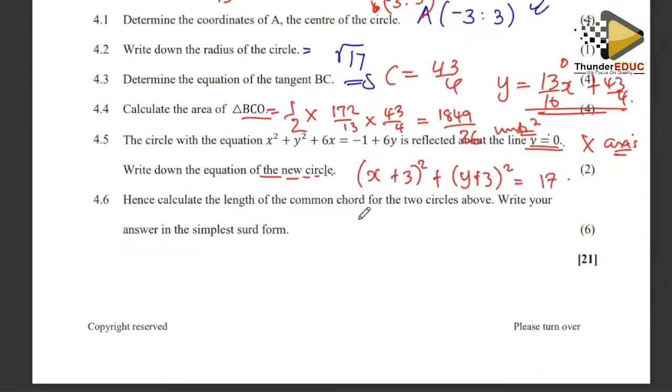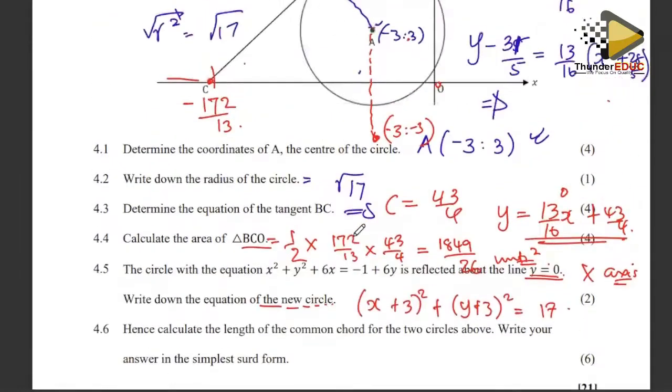And then hence, calculate the length of the common chord of the two circles. Write your answer in simplest form. So if we have the same circle reflected, meaning that the two would be, no, that is a lie. So if that is our center there, this is our center.